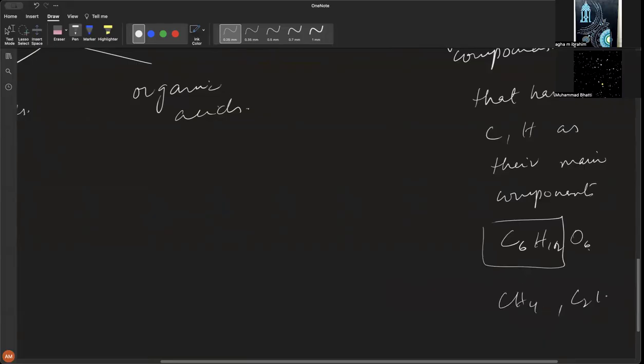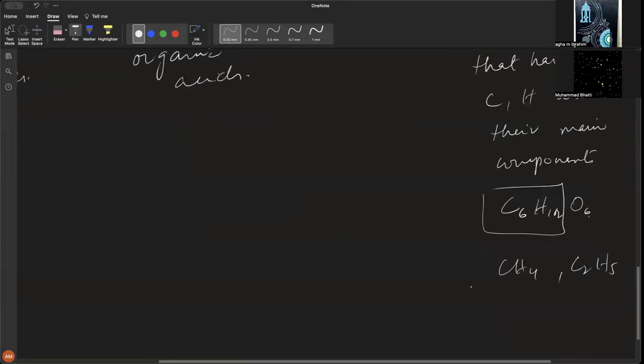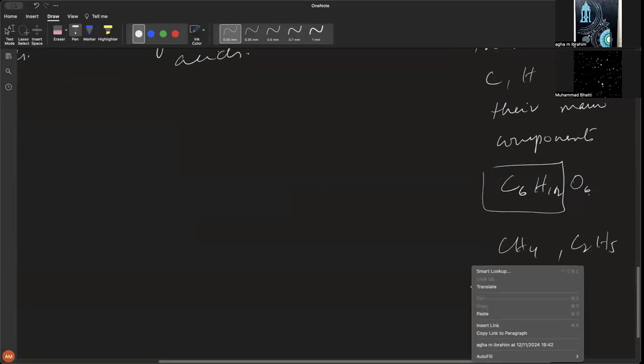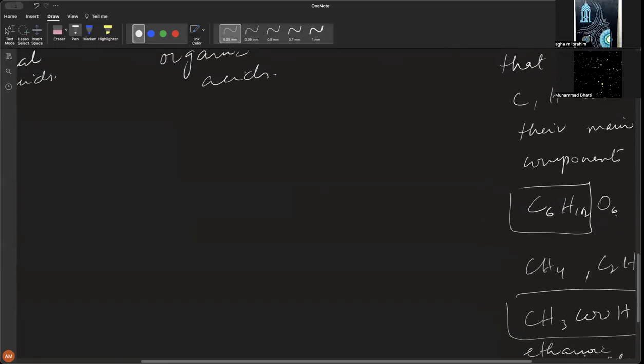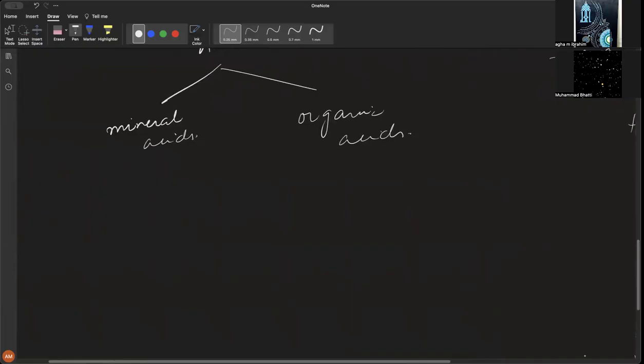CH4, C2H5, and so on and so forth. Or ethanoic acid, which is vinegar, CH3COOH. You see, this is an acid, but an organic acid. Most of the elements in organic compounds are carbon and hydrogen backbones. And in mineral acids, it's not the case.